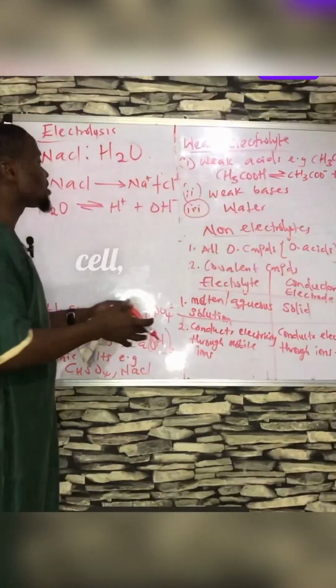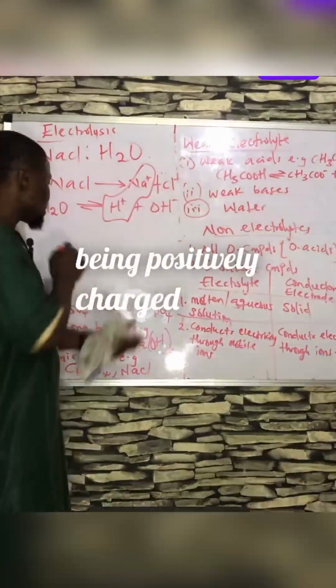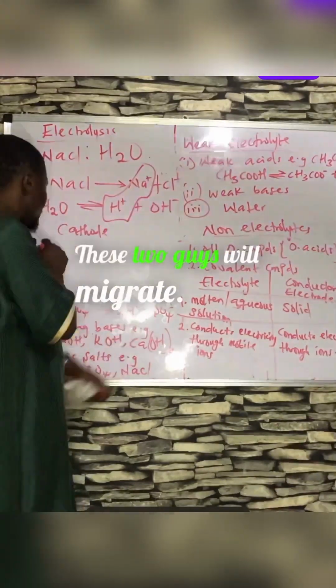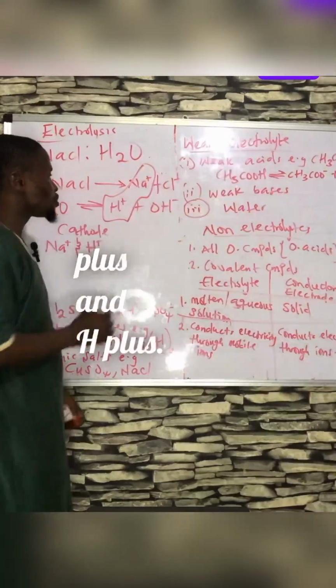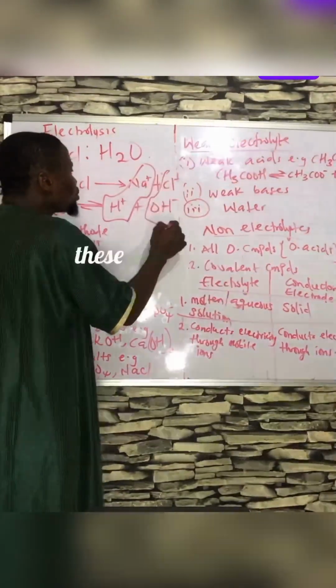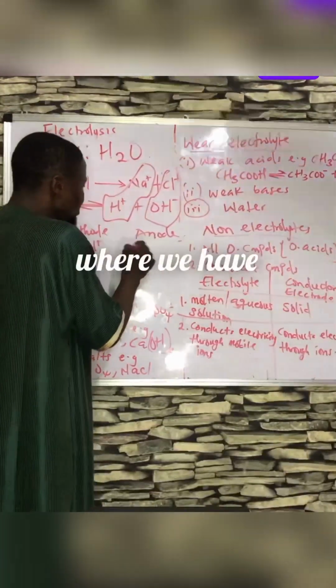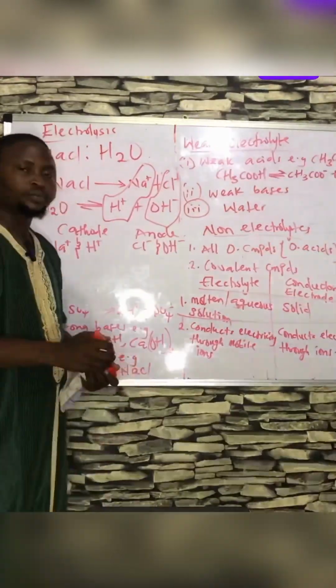In the electrolytic cell, Na plus and H plus, being positively charged, will migrate to the cathode. Cl minus and OH minus will migrate to the anode.